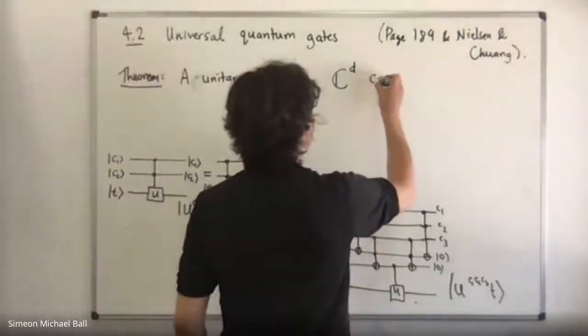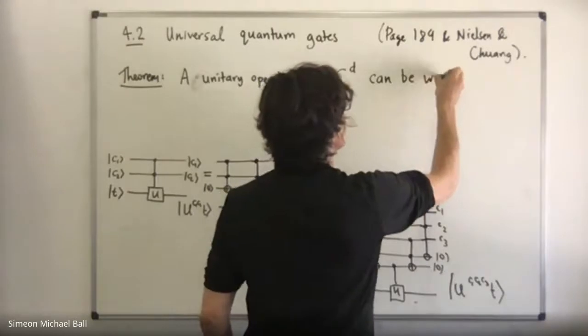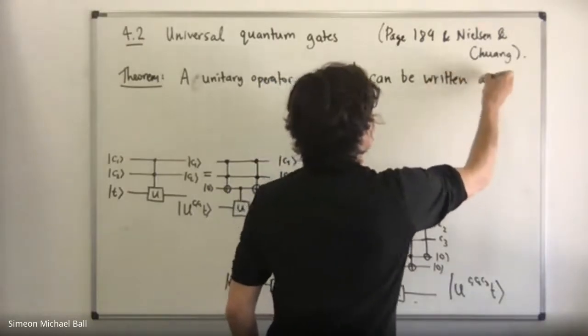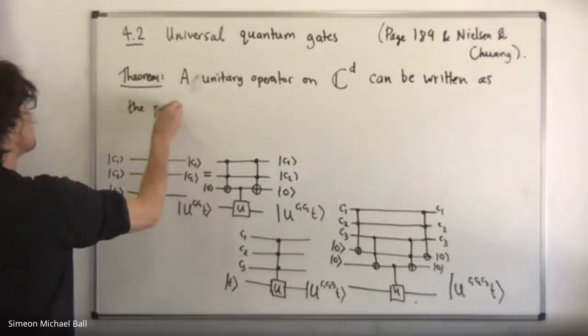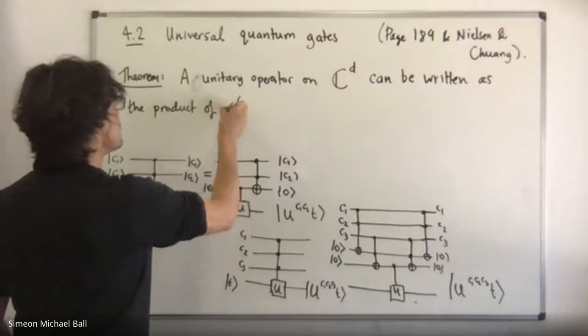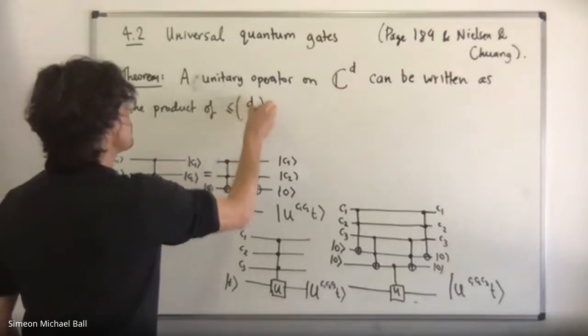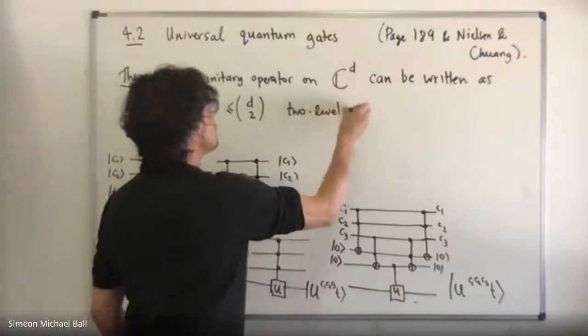Later, of course, we will substitute in 2 to the n. It can be written as a product of at most, well, in fact, d choose 2, 2-level unitary.